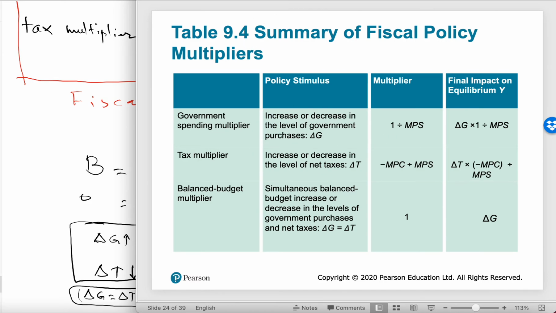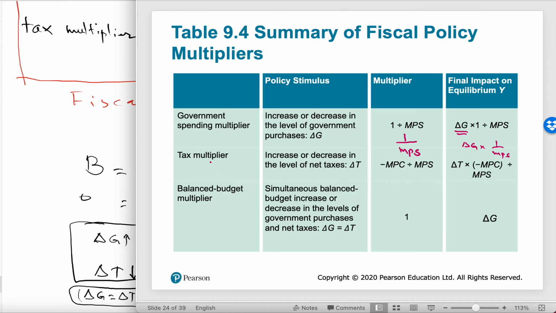So I rewrite it down here. This is basically 1 over MPS. And how much do we have to change? Delta Y is delta G multiplied by 1 over MPS.